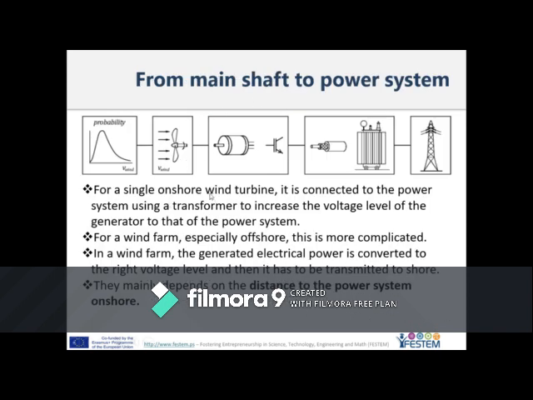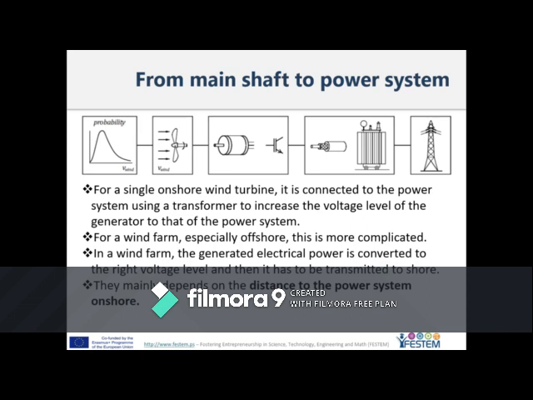A single onshore wind turbine is connected to the power system using a transformer to increase the voltage level of the generator to that of the power system. So basically, for onshore, it's not that hard. For a wind farm, especially offshore, this is more complicated. In a wind farm, the generated electrical power is converted to the right voltage level and then it has to be transmitted to shore.